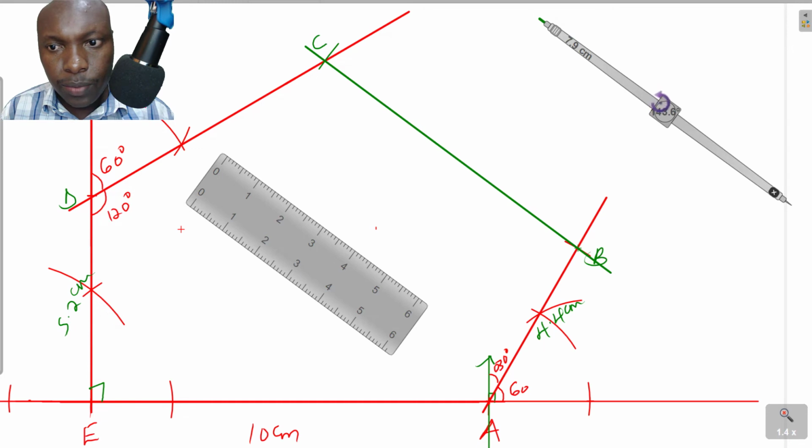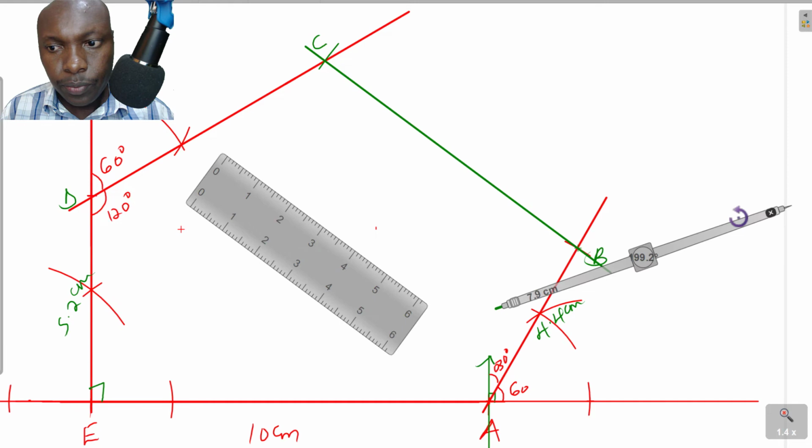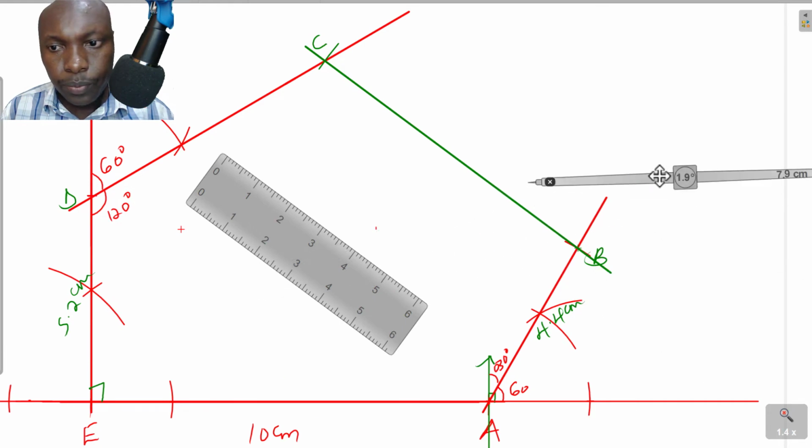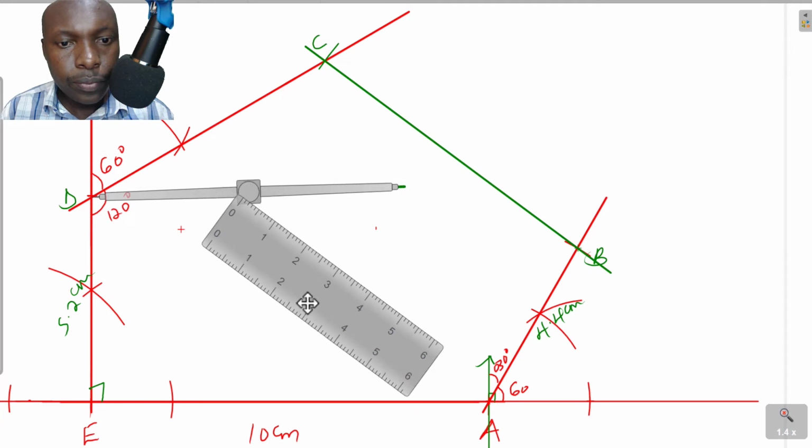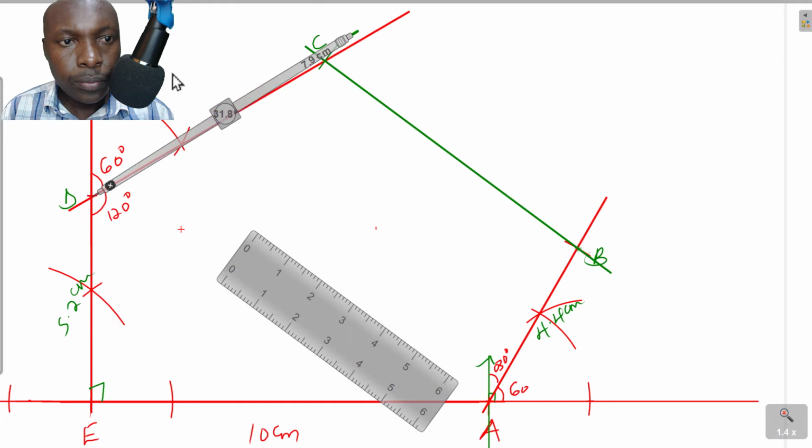To measure DC, I just use a pair of compasses standing at D, and extending this all the way to this point. So this one should give 6.8.